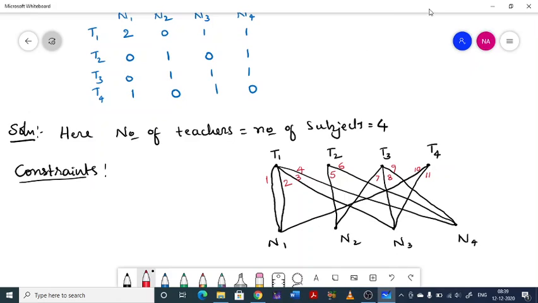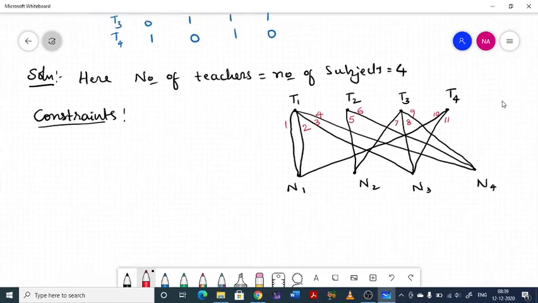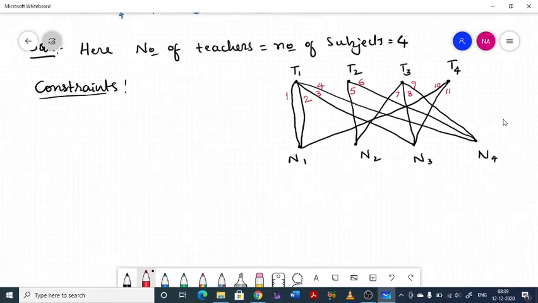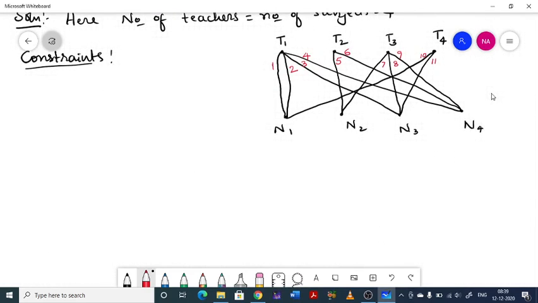Now you have to draw the line graph of this graph. This is the graph required one. Now it's a line graph I have to write.